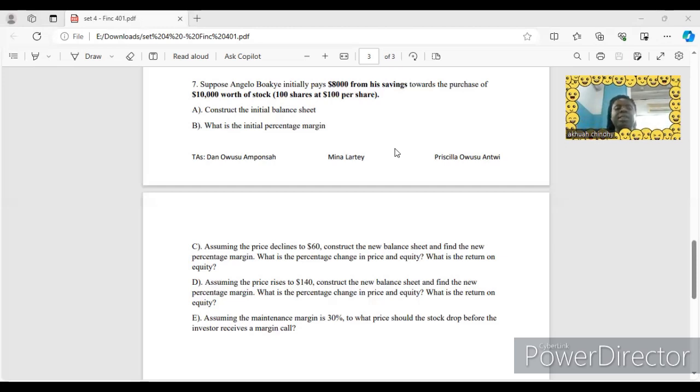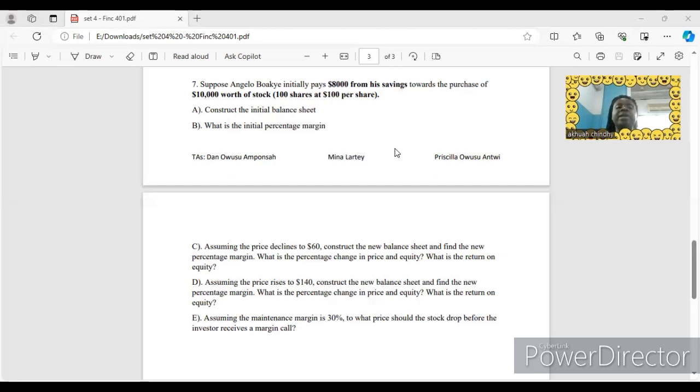So the first thing is to construct the initial balance sheet. When you are dealing with buying on margin, don't try to picture or factor in short sales. See it as a different transaction. It has its own dealings, its own way of navigating it.